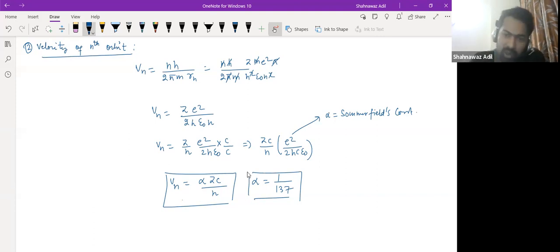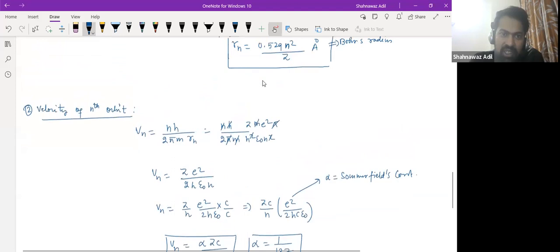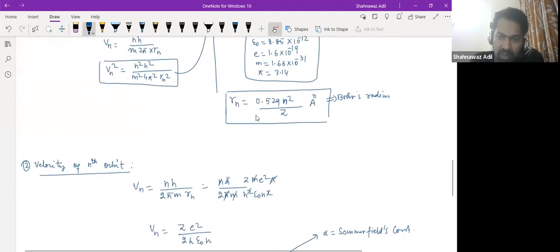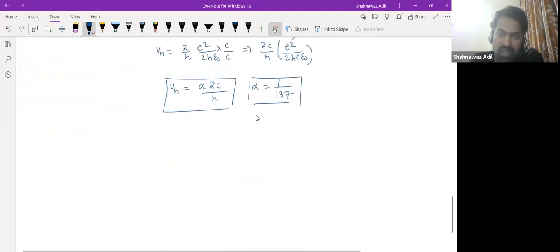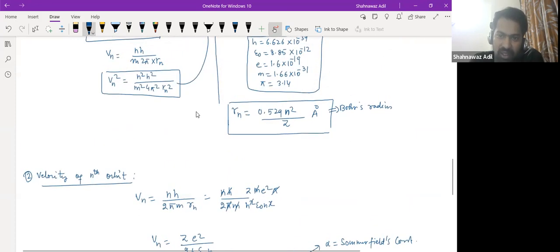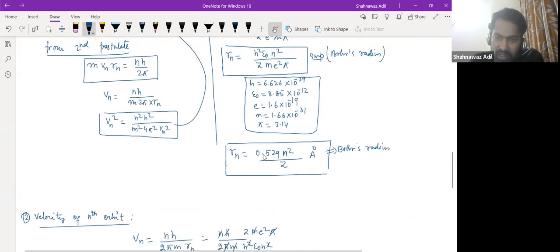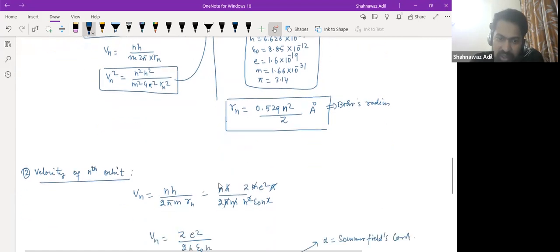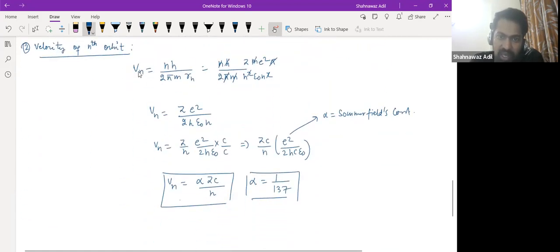Done. Okay, so we have calculated the radius, we have calculated this velocity, and you can see that this radius varies as n square. This velocity varies as 1 over n, so this is inversely proportional to n.